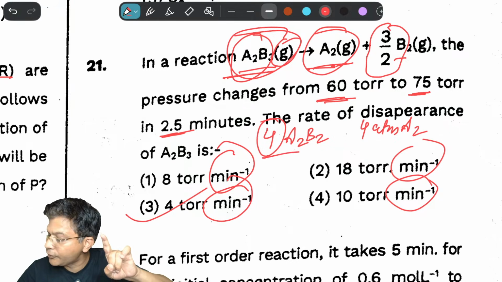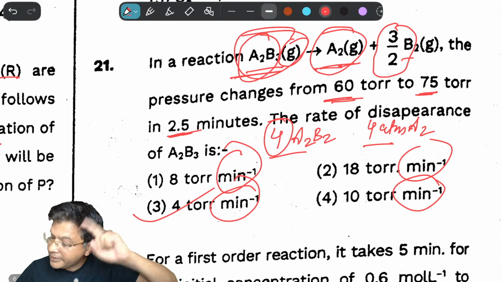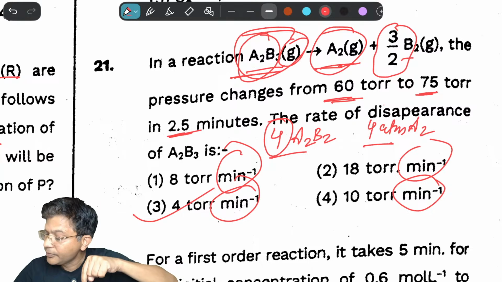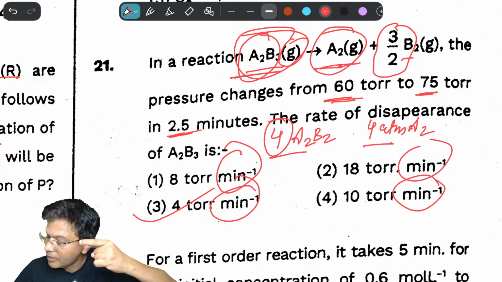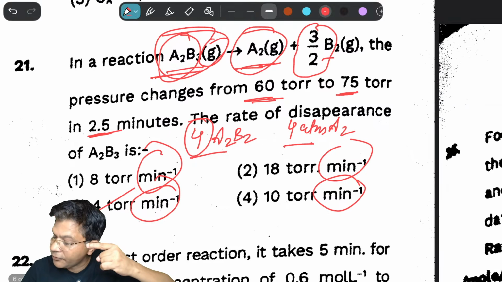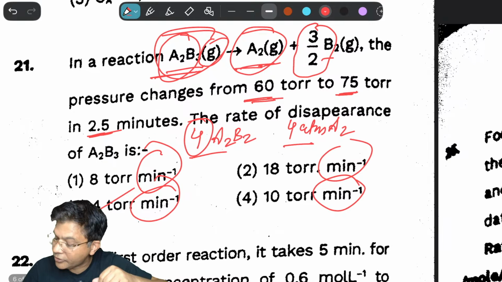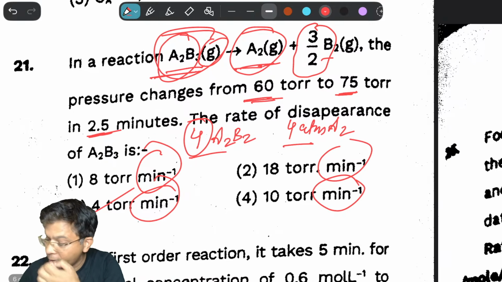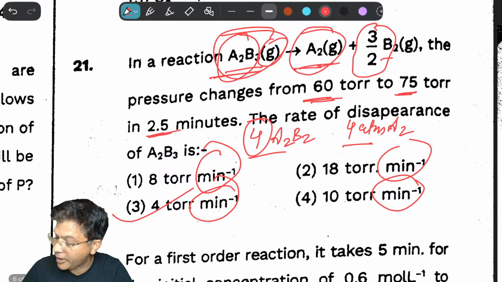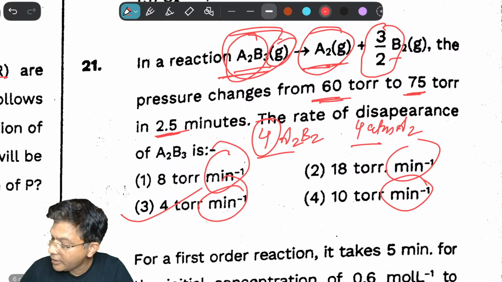So this 4 cancels out, but there is 3 by 2. Then how much of B2 will get formed? 3 by 2, that means 1.5 times. 1.5 times of 4 is 6.